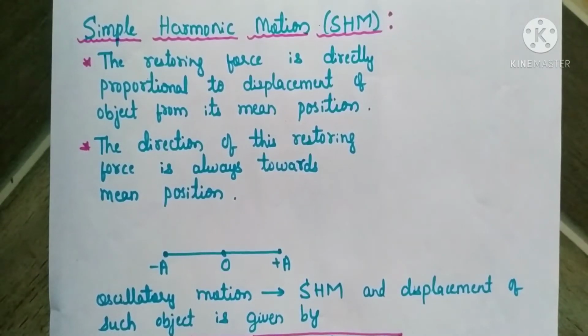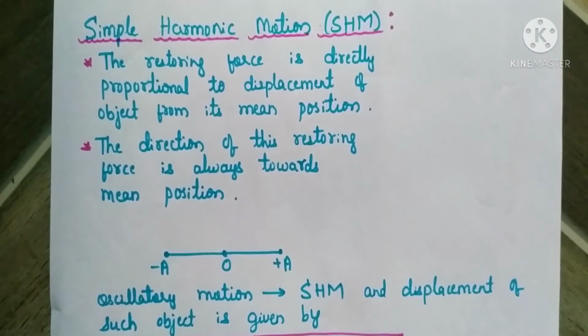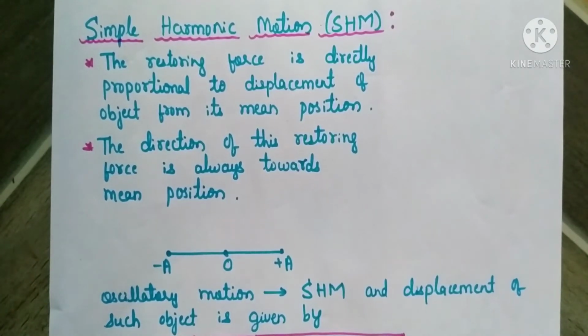Now we will discuss simple harmonic motion. The next concept is simple harmonic motion. In general we can call that SHM. The motion of an object can be said to be simple harmonic if it satisfies these two conditions.